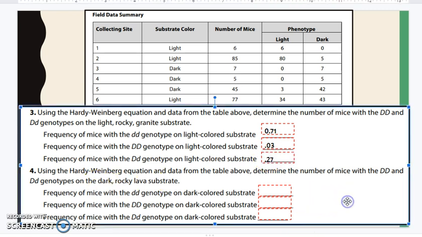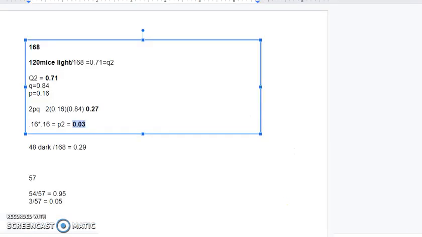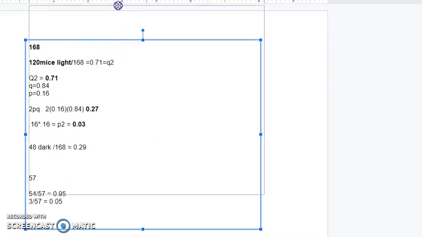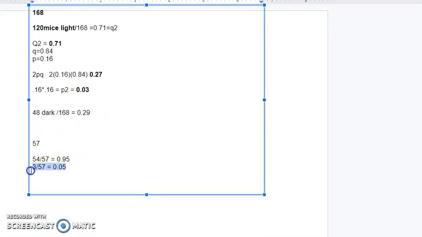So now let's go ahead and calculate these numbers on the dark lava substrate. So we want to find the frequency of mice with the homozygous recessive. That's our light-colored fur mice. So here, our total population size was 57 mice. If we had 57 mice total, and 3 of them had the light phenotype, we know that this is equal to our q squared. So we want to find the square root of this.